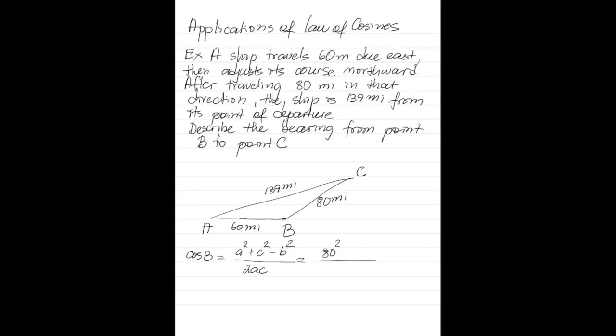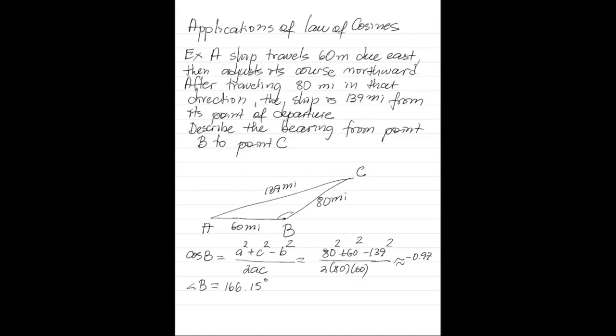Substitute 80 squared plus 60 squared minus 139 squared over 2 times 80 times 60, and that is approximately negative 0.97. Now we can find angle B, which is obtuse since we have a negative cosine, 166.15 degrees. That's angle B, but that's not the bearing.